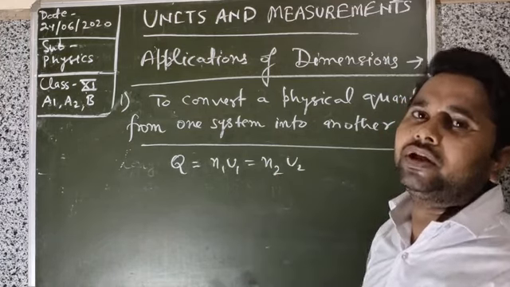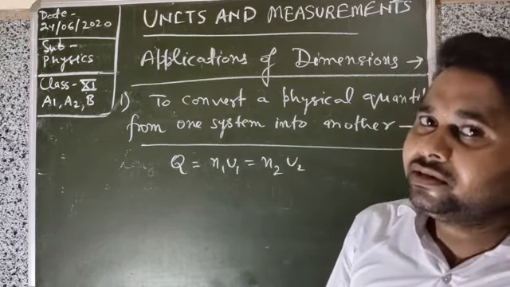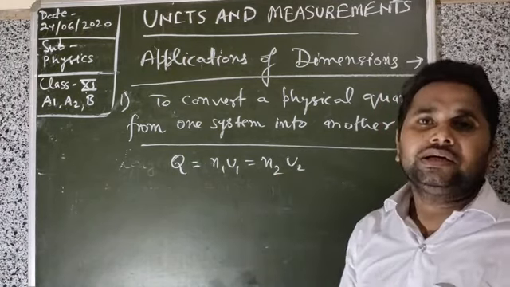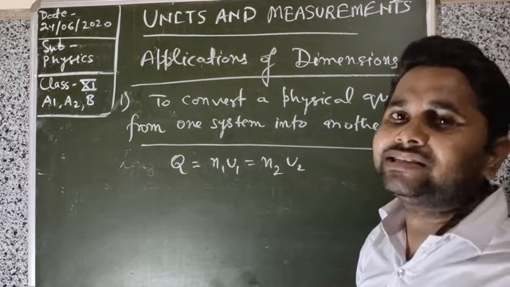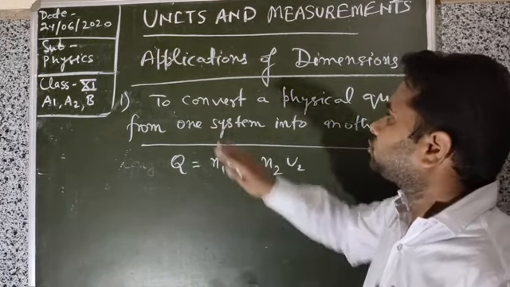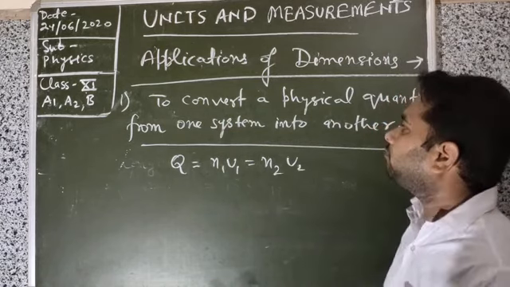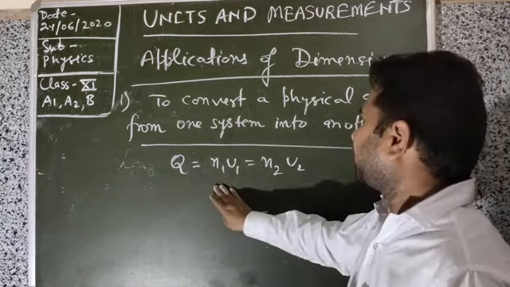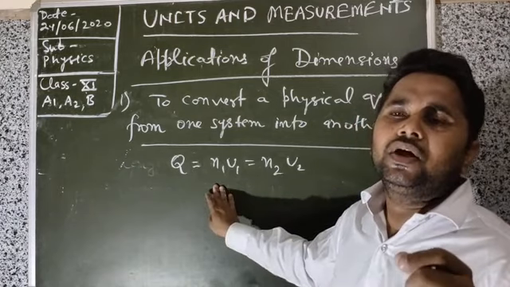N2 is the numerical value of the given physical quantity in the second system of unit, and U2 is the unit in the second system of unit. So this is our formula for this topic, to convert a physical quantity from one system of unit into another. It looks easy, but we have to use the dimensional method here.